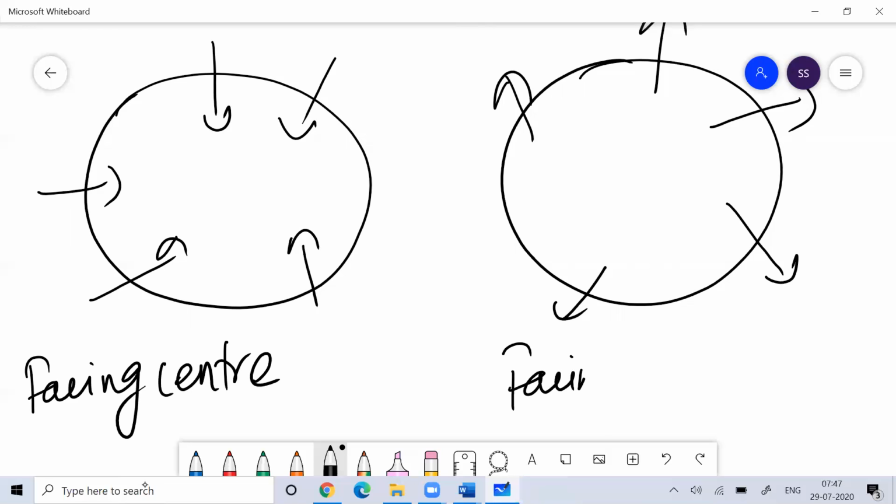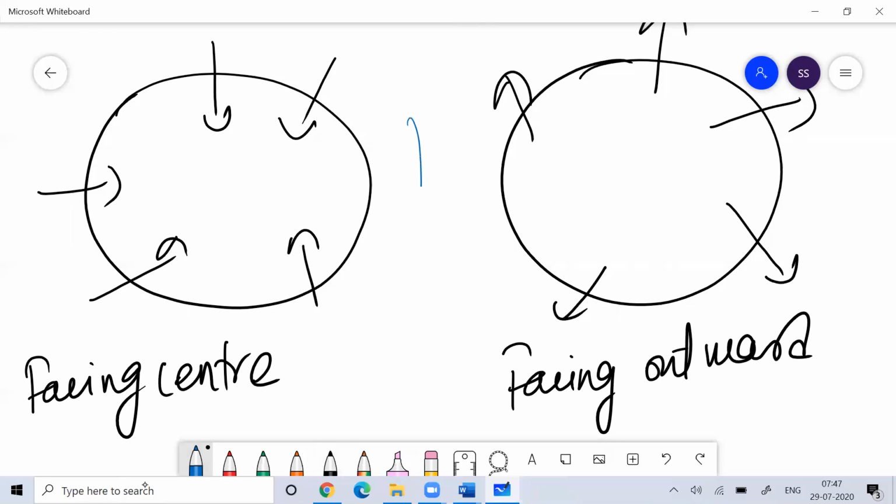If you are facing the center, then clockwise direction is your left to right, and anti-clockwise direction is from right to left.